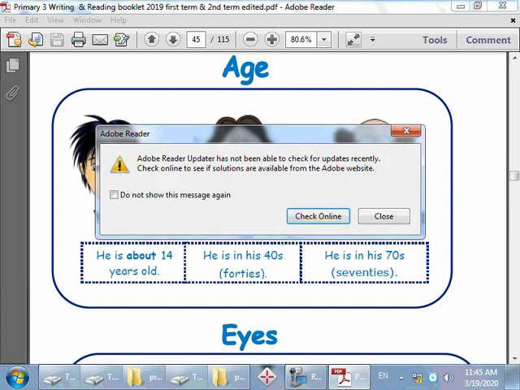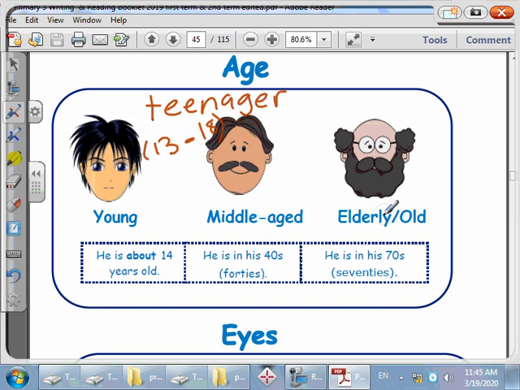So we say teenager, okay? Or middle-aged, like someone in the 40s. Or elderly or old, like if you're talking about your grandparents, for example, we use this word elderly or old instead of saying the age of him.